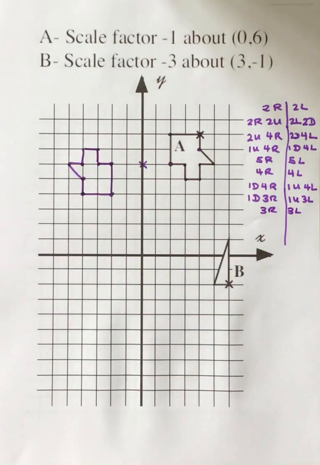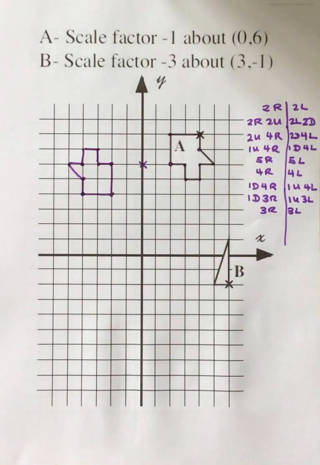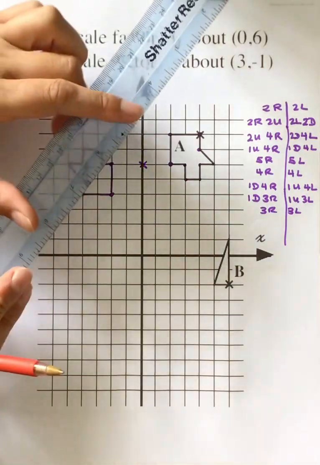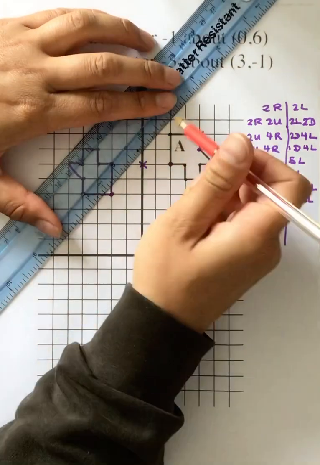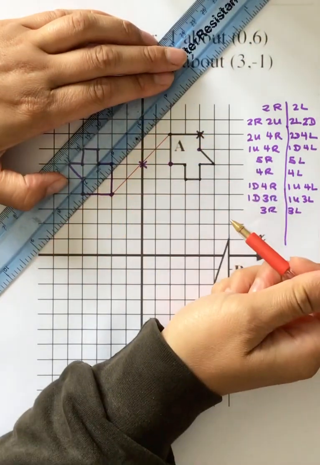So your new shape, if your scale factor is -1, should be the same size as your old shape, but it will have been rotated by 180 degrees. So my shape has turned 180 degrees. Now we can do the same check that we did with the positive scale factors, because our corners should all line up through the centre of enlargement.